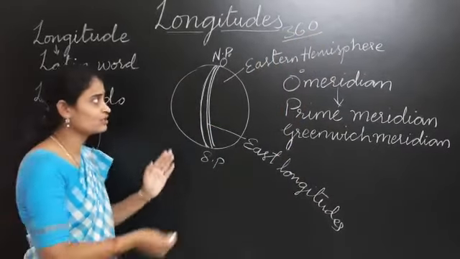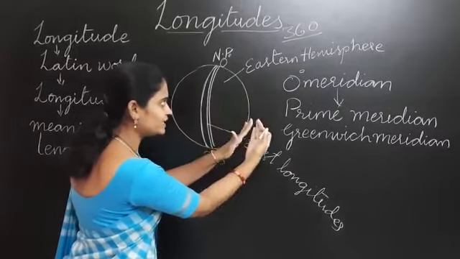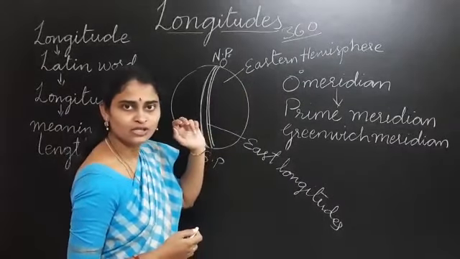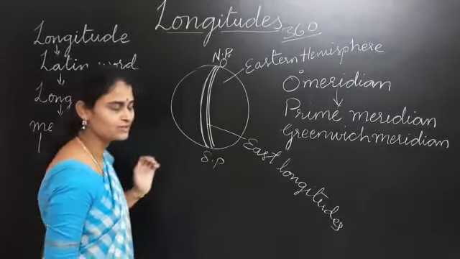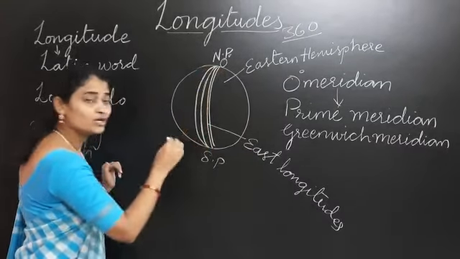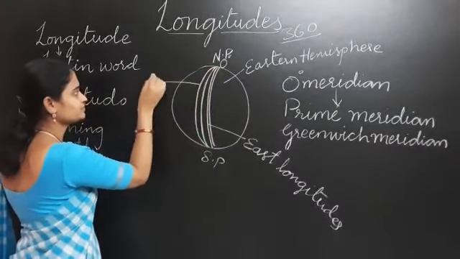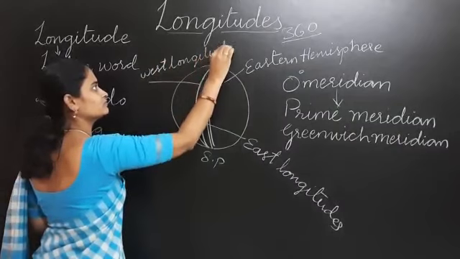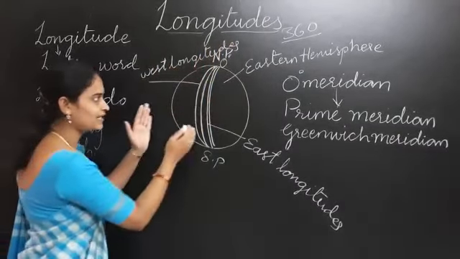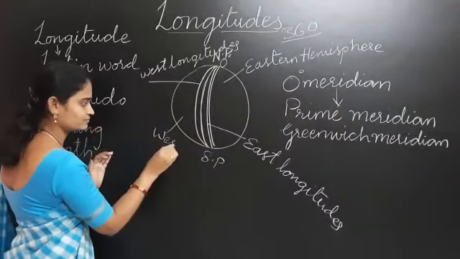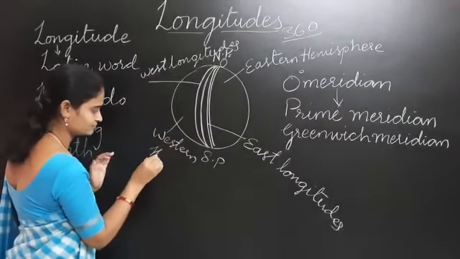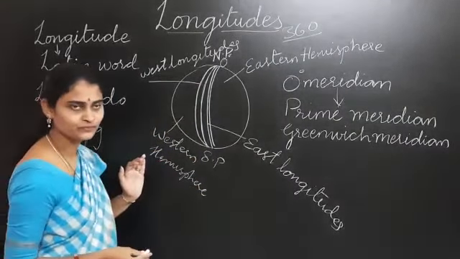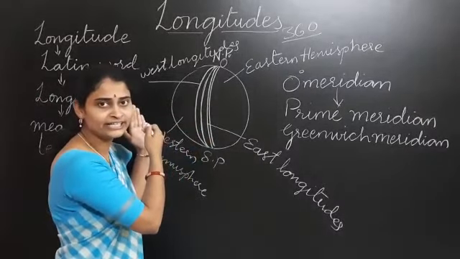From 0 degree to 180 degrees in the east are the eastern longitudes that form the Eastern Hemisphere. The longitudes which go west are the west longitudes, and this forms the Western Hemisphere, from 0 degree to 180 degrees longitudes.